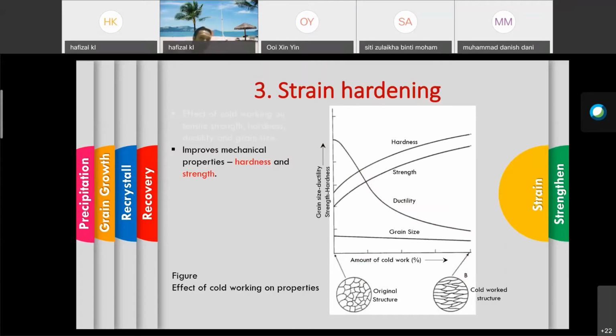And if we look at the hardness and strength, they will increase to a certain level. So when we do cold working, hardness starts to increase, strength starts to increase, and the ductility will decrease. As you can see, the grain size changes a little bit. We can see the deformation of the grain from this size to this size.